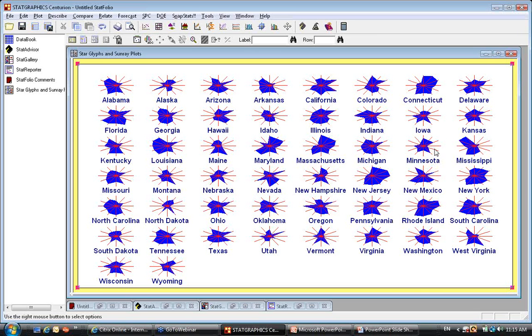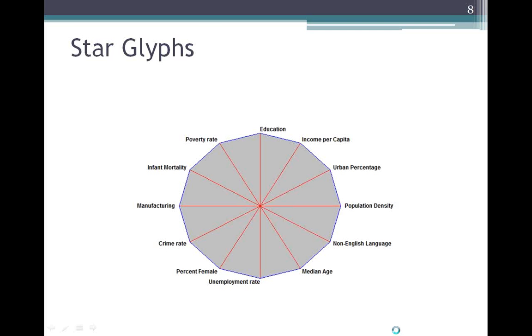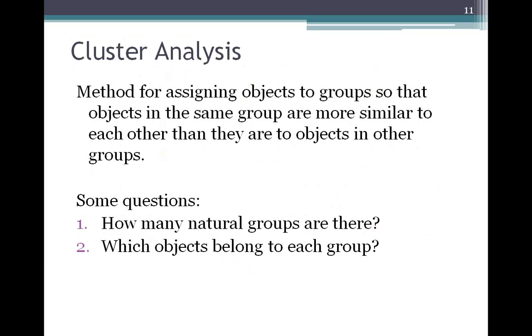Okay. As I said, I always think it's important to begin by looking at our data before we start doing any real statistical methods. Now, though, I'd like to go back and talk about the first major procedure that I'm going to cover in this particular webinar. The first major procedure is called cluster analysis. Cluster analysis is a method for assigning objects to groups.